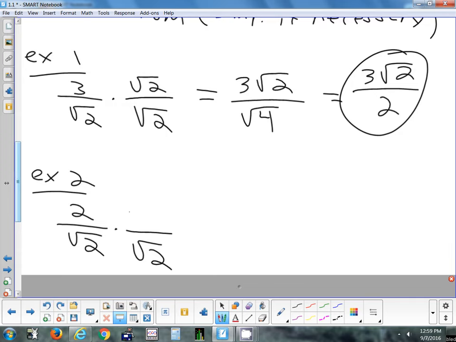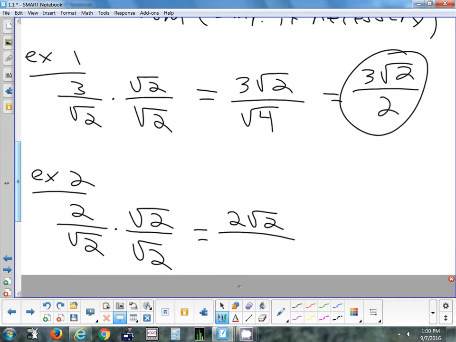So square root of 2 over square root of 2. When I multiply, what do I get in the top? 2 square roots of 2. How about in the bottom? Yep, I get square root of 4, which is going to reduce to 2.